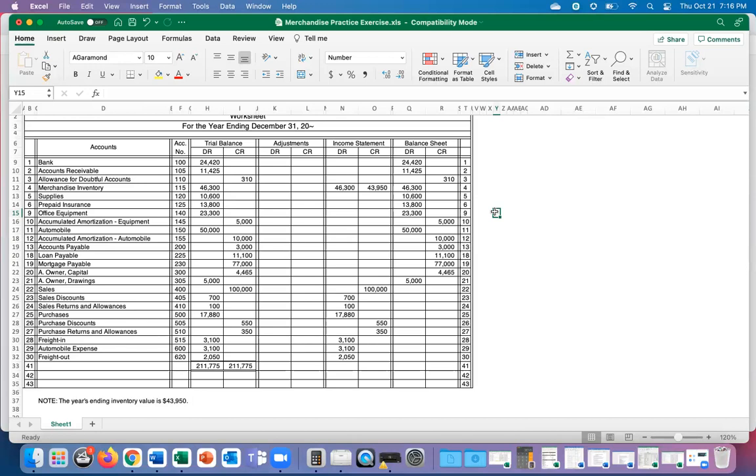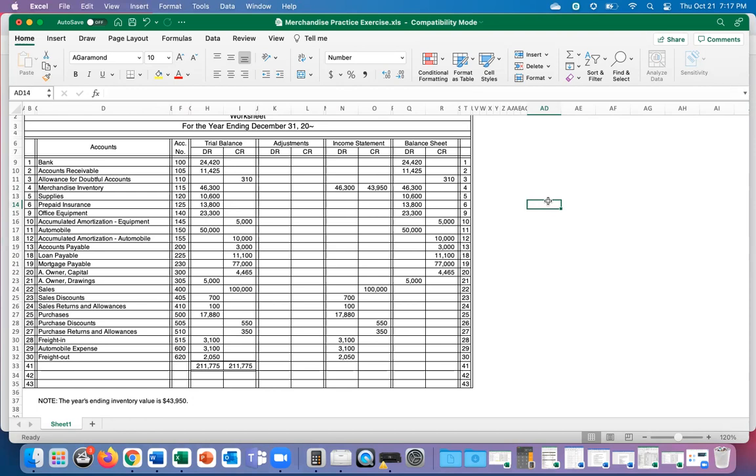Now, step number 3 is where we actually get to work on finding the cost of goods sold. And that, as I said, is kind of the point of this whole exercise. So over here on the side, I'm just going to write some things down to keep track of what we're doing, and hopefully you can follow along that way.